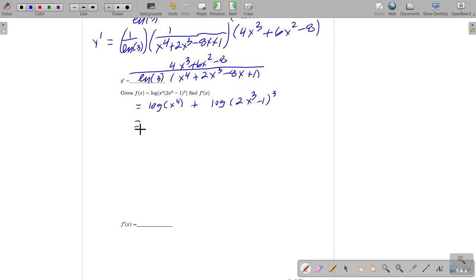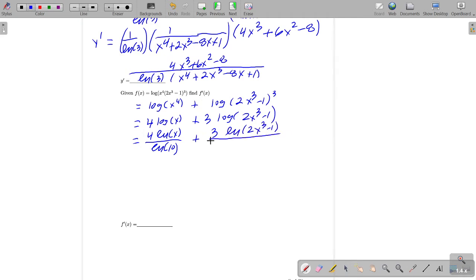So this is going to become 4 log of x plus 3 log of 2x cubed minus 1, which is 4 natural log of x over the natural log of 10 plus 3 natural log of 2x cubed minus 1 over the natural log of 10.